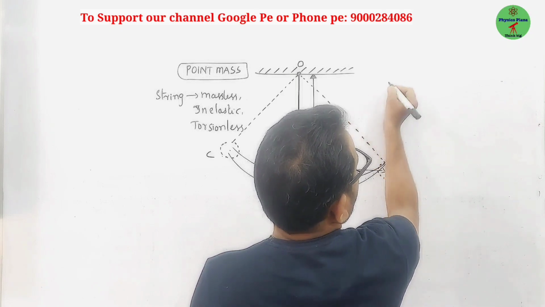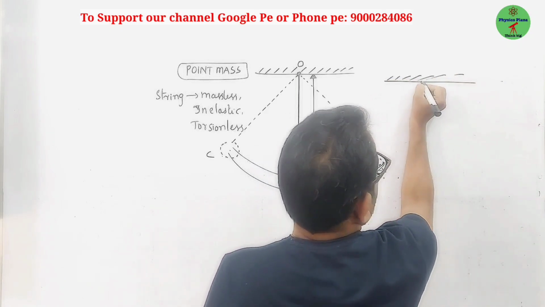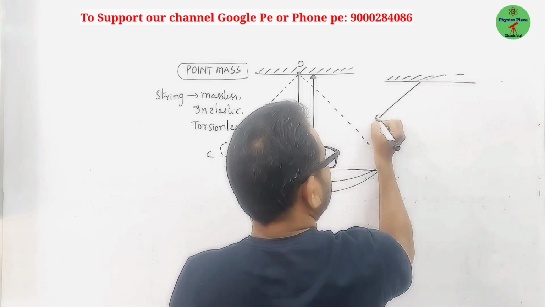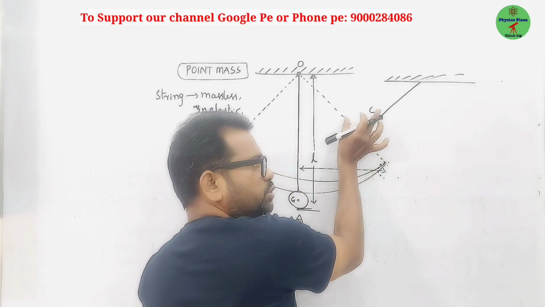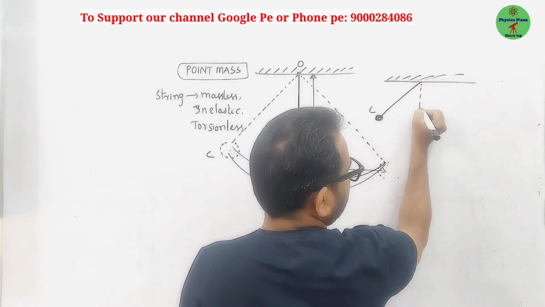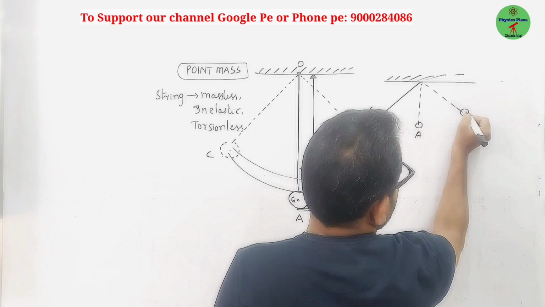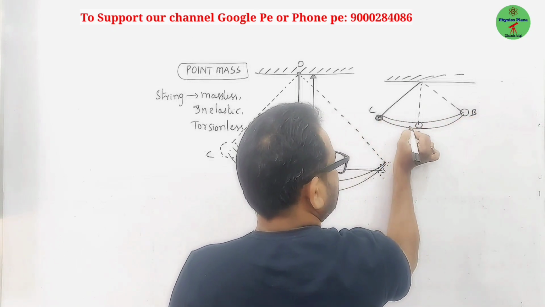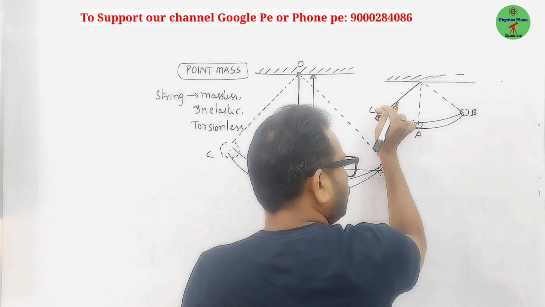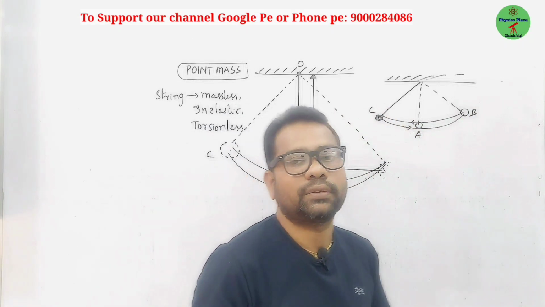So how to calculate time period? Let us take a simple pendulum. For example, a simple pendulum is taken aside to one extreme end, point C, and when we just leave it, it passes through the mean position and goes to the other extreme end B. Then it will come back here. This we can call one complete oscillation. The time taken for this is called the time period.